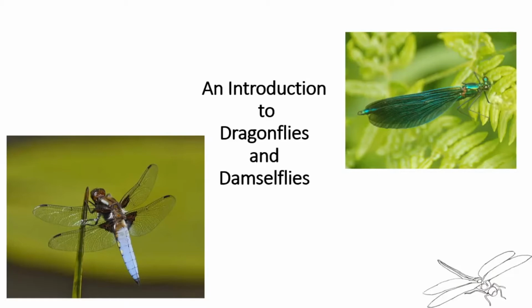But I've had a long interest in dragonflies and damselflies, so I've put together a presentation called an introduction to. We'll go through it and hopefully give you some insight into what they are, where they came from, and where they fit into the insect area.